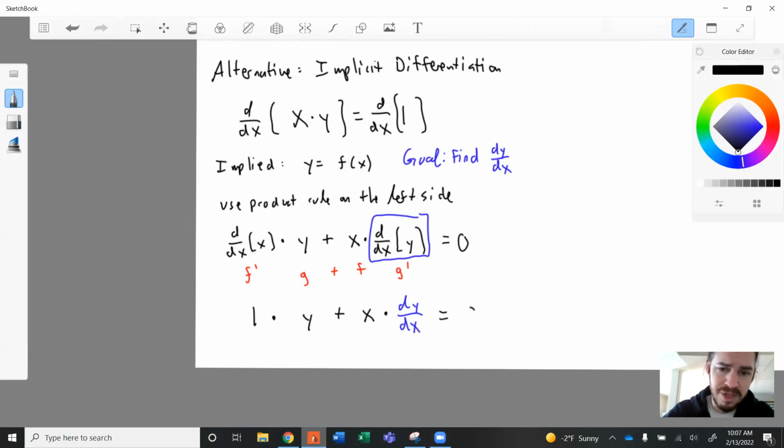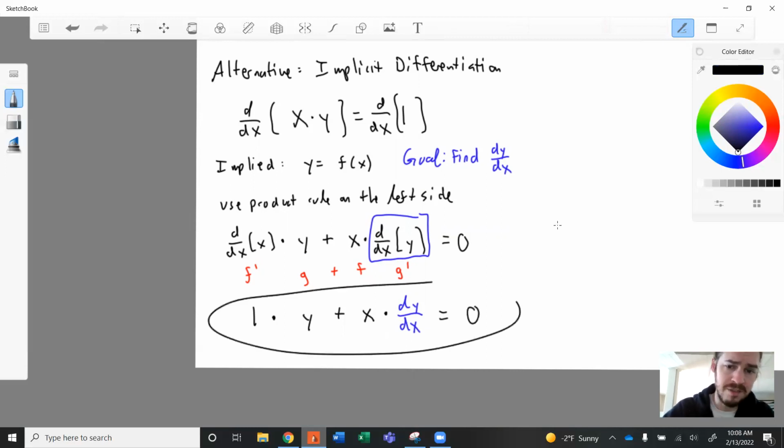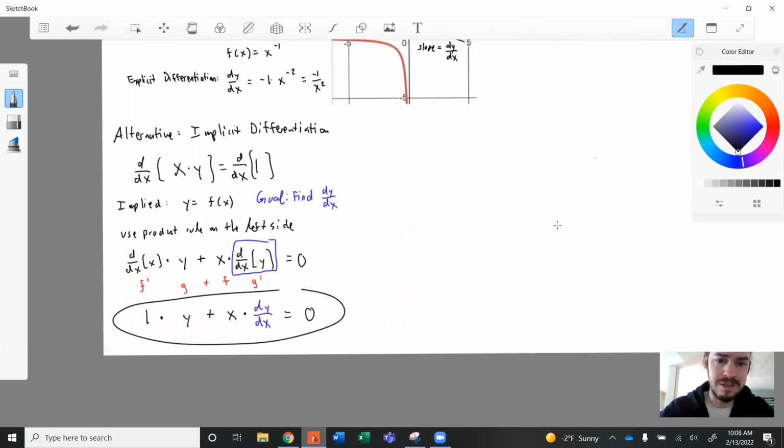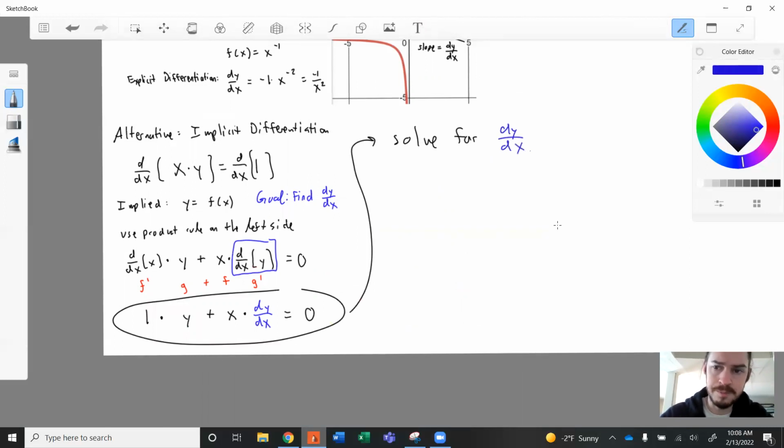Because now the result is an equation that involves x, y, and also this new thing, the derivative of y with respect to x. We can solve it for that dy over dx. So now we're going to solve that for dy over dx.